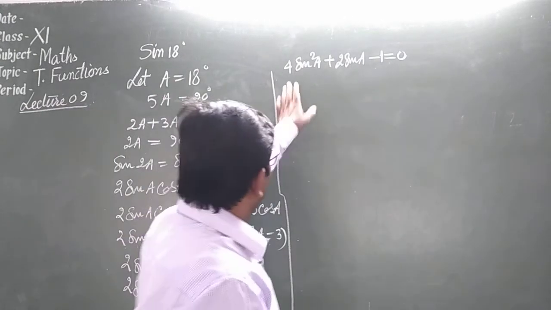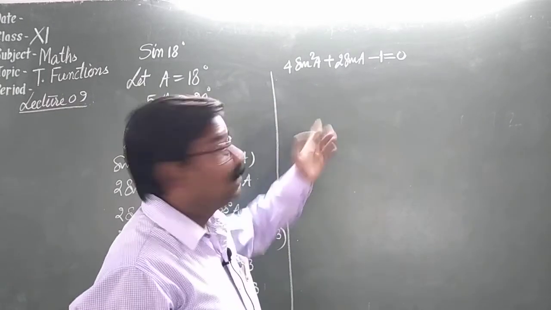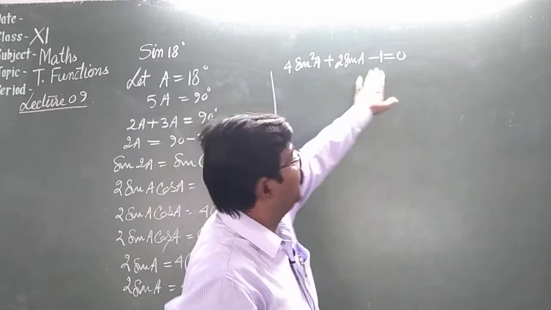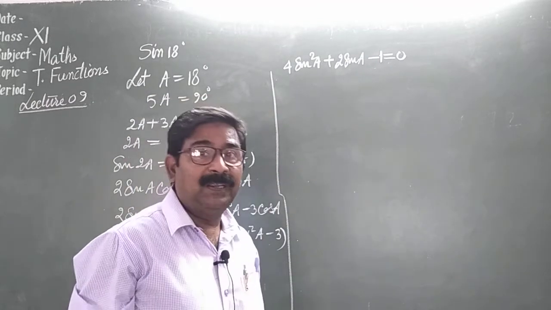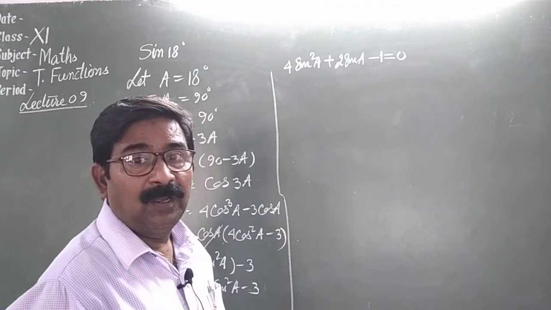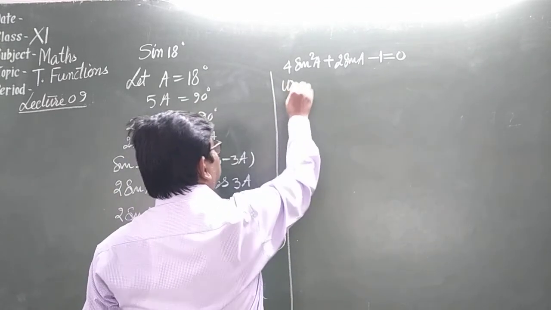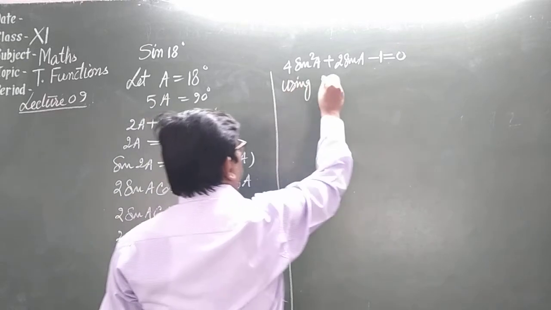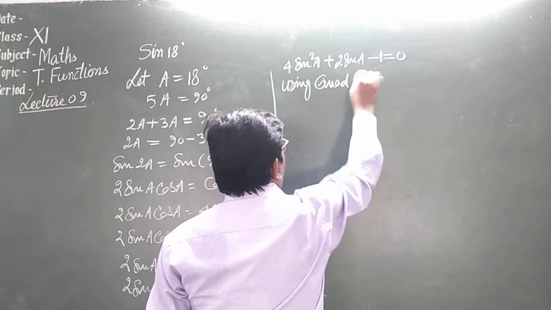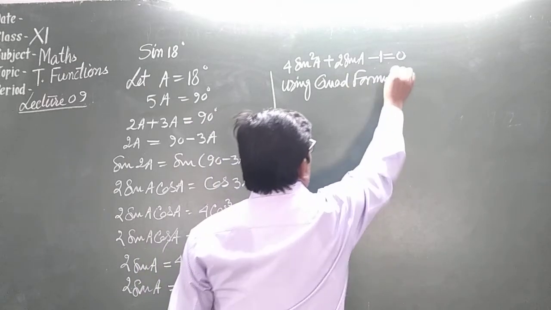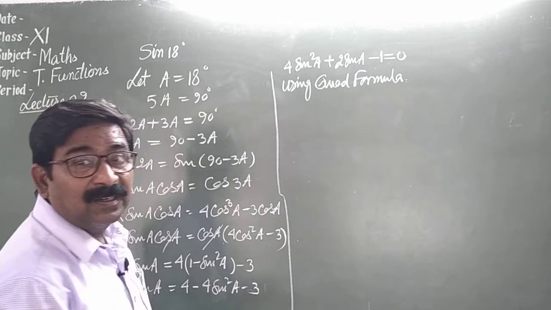Now see, this is a quadratic equation like 4x square plus 2x minus 1. Now it can be solved by the quadratic formula. Using the quadratic formula, so what is this?